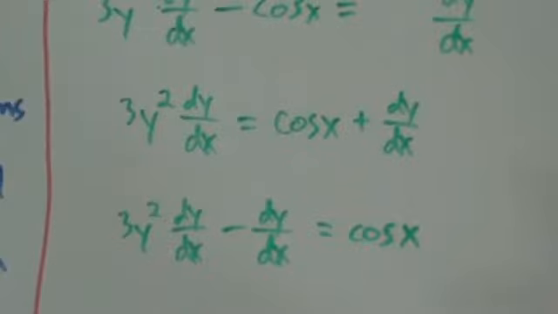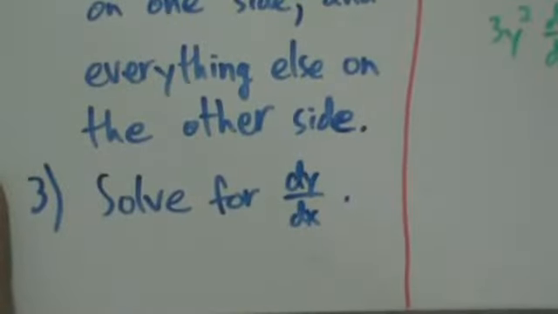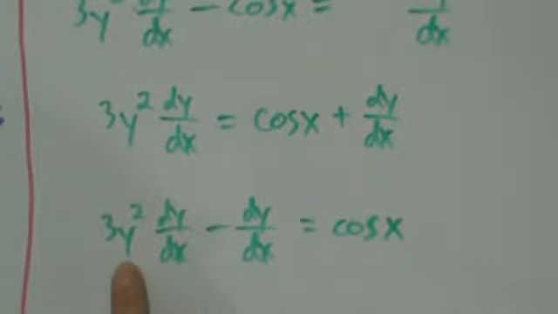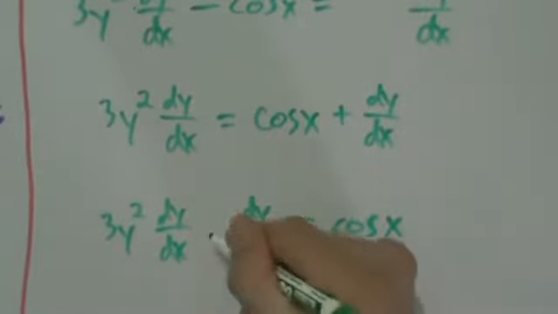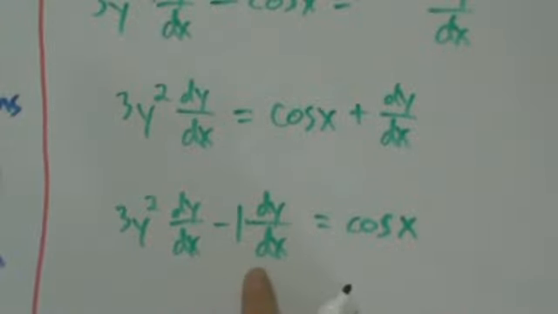So now we have 3y squared dy dx minus dy dx equals cosine of x. That's step 2. Step 2 is done now, because everything with dy dx is on one side, and everything else is on the other. Now step 3 is solve for dy dx. Like I said, we're usually going to have to factor, and that's what we're going to do here, because 3y squared minus 1 times dy dx is exactly what that means.